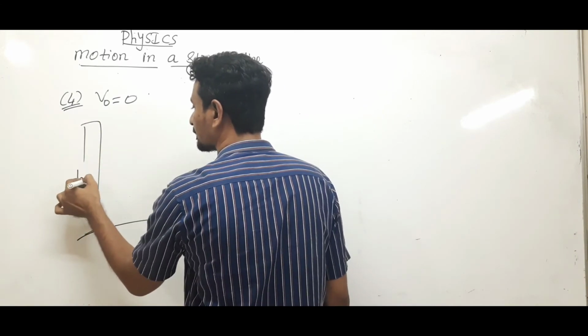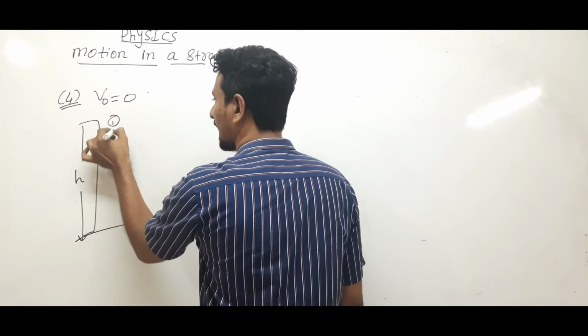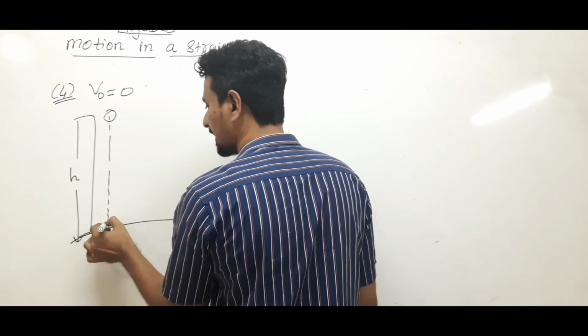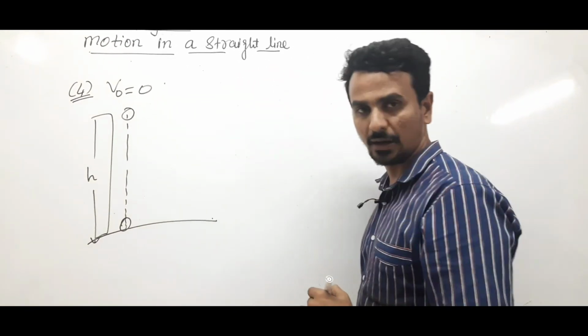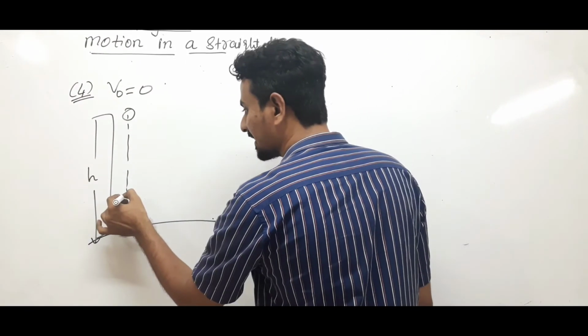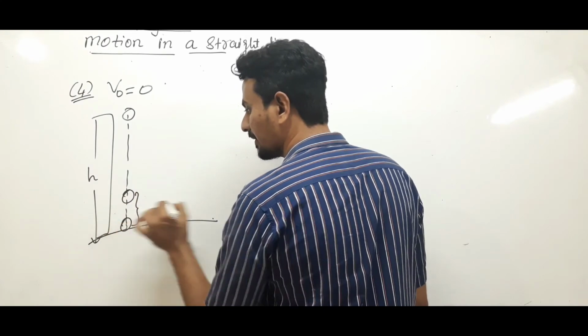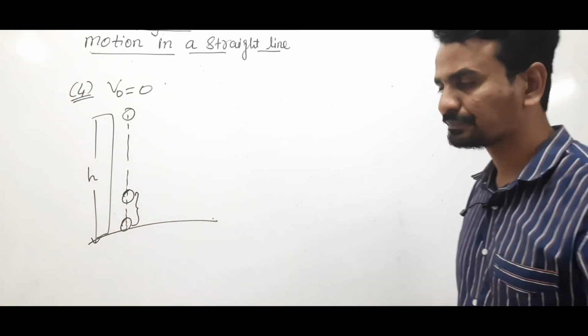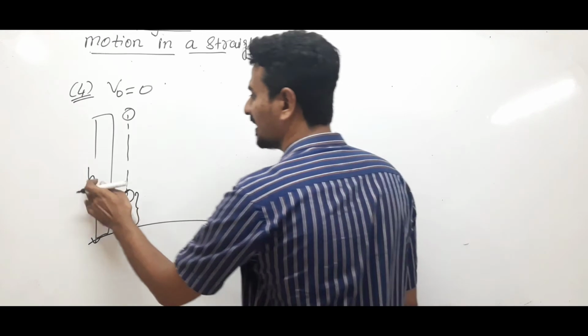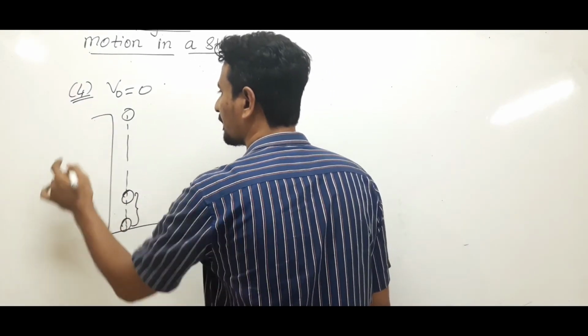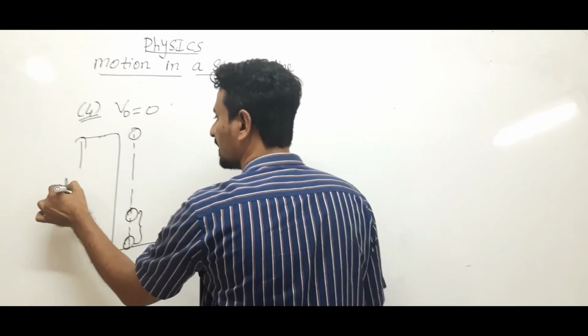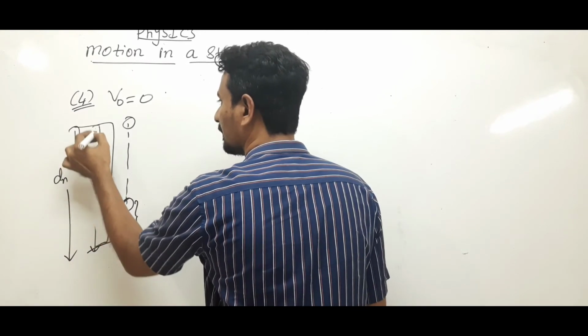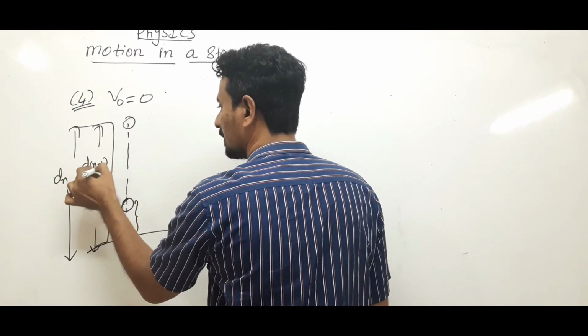Suppose it takes n seconds to reach the ground. The distance covered by it in the last second can be obtained by subtracting from the total distance. This distance is d of n, and this will be d of n minus 1.